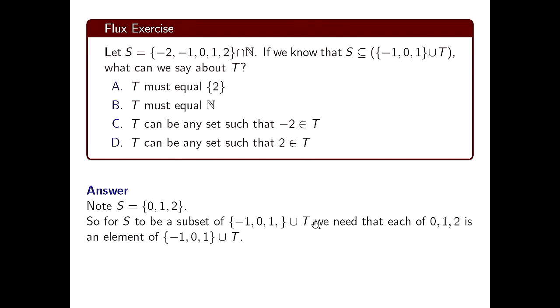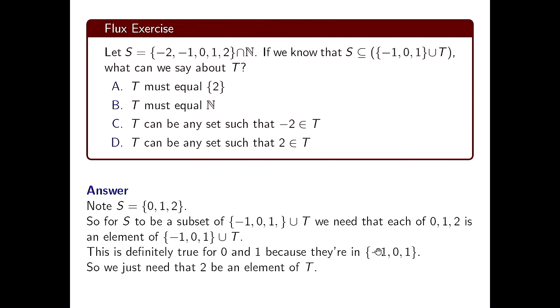I've got an extra comma there, I apologise. So it's definitely true for 0 and 1 because they're in this. We just need that 2 is an element of T. So that's the condition we need. Anything where 2 is an element of T will satisfy that. Any questions on that?